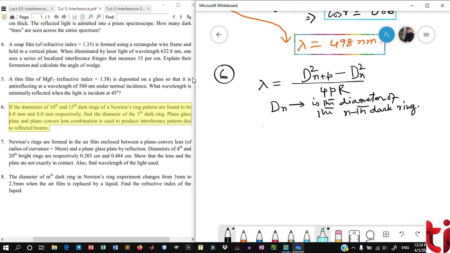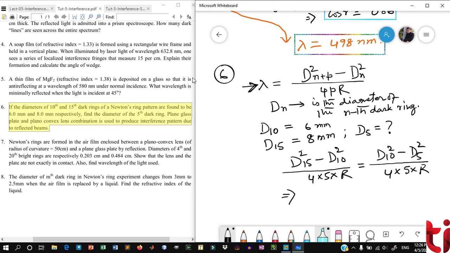Now given, we have to find D5. Now we can use the formula for the lambda. This would imply R gets cancelled out, 4, 5 all gets cancelled out. Ultimately, we'll rearrange and solve for D5. So this ends our problem number 6.